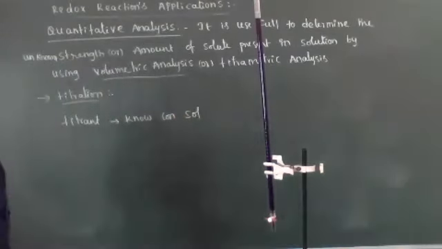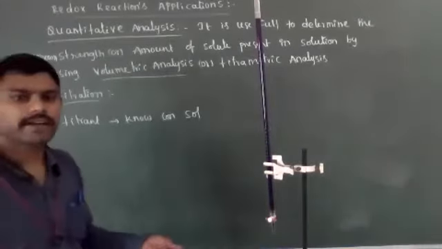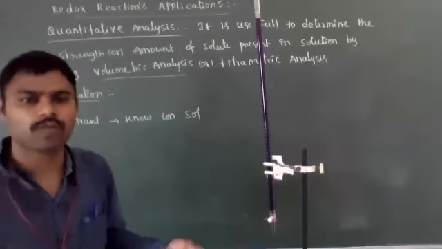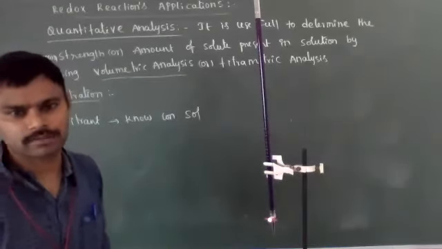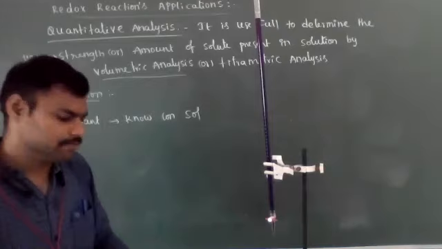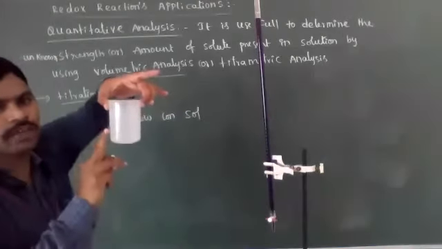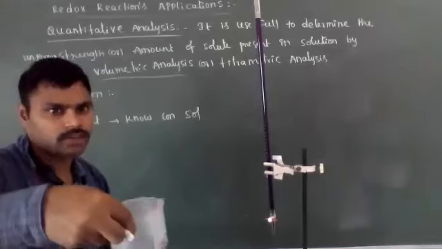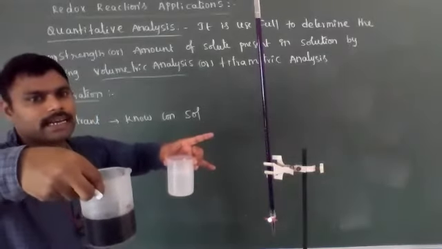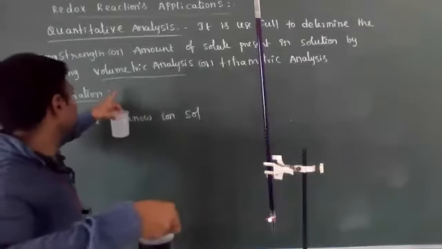The strength of oxalic acid may be 0.1 normal or 0.2 molar, different values they will use. Don't worry, in the exam, I am just saying examples. Here I am not mentioning the strength. The strength of this solution we know, this we don't know. So both we use in the practical, and that process is known as titration.